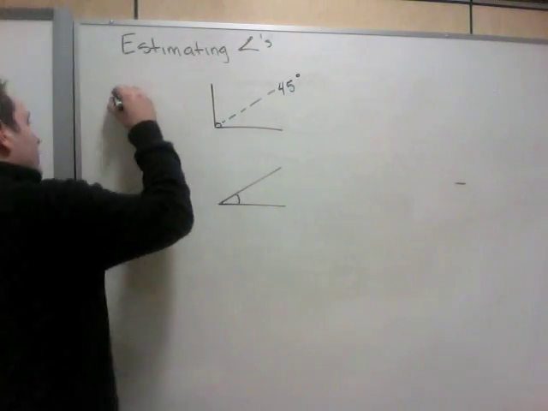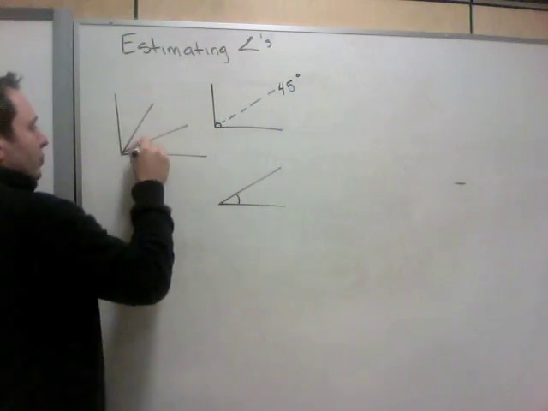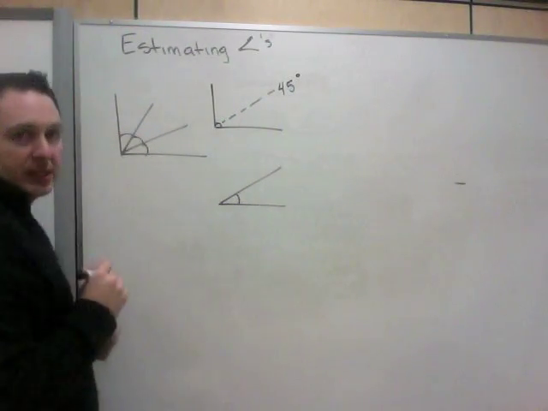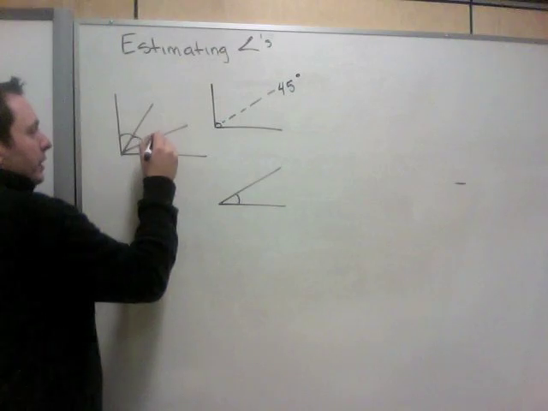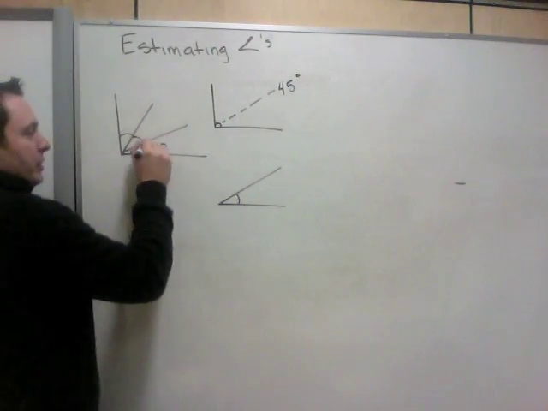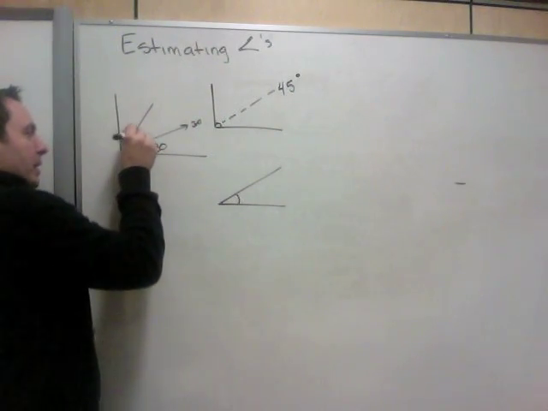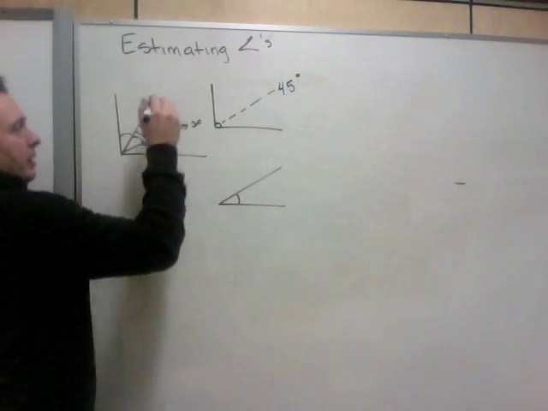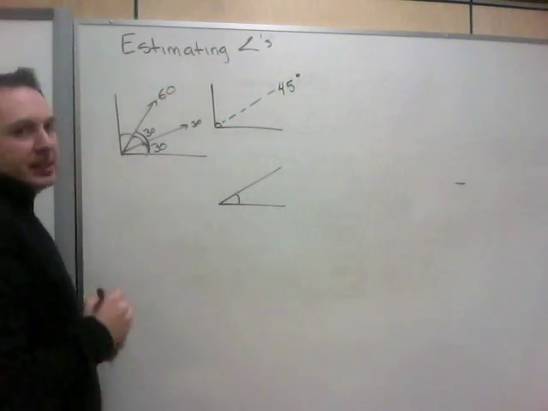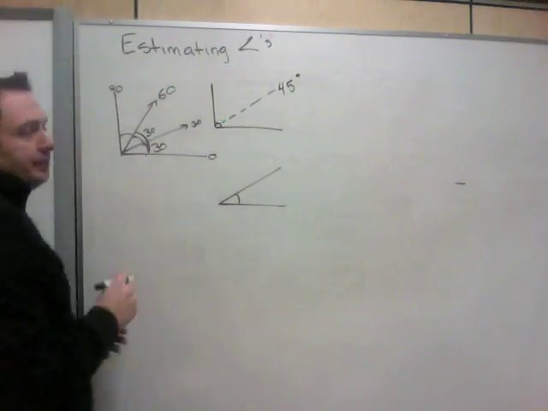Another one, if we broke 90 degrees into 3 equal sized chunks, 90 divided by 3 chunks, each one of these is 30. So this first one is pointing to 30. Then this one, a 30 and 30 more, this one's pointing to 60. And of course, the one going straight up is pointing to 90.